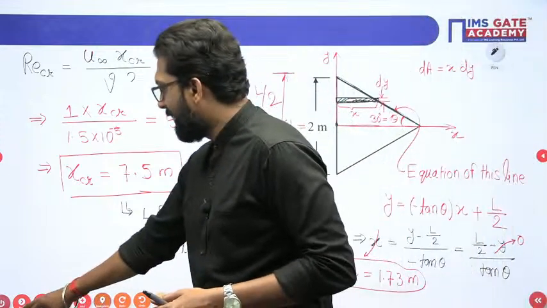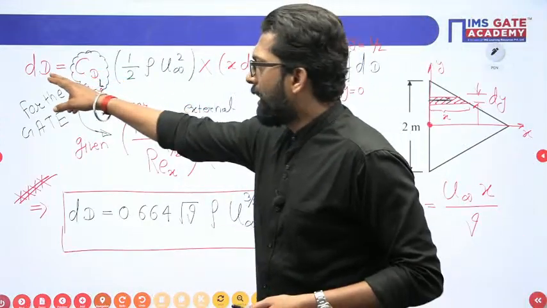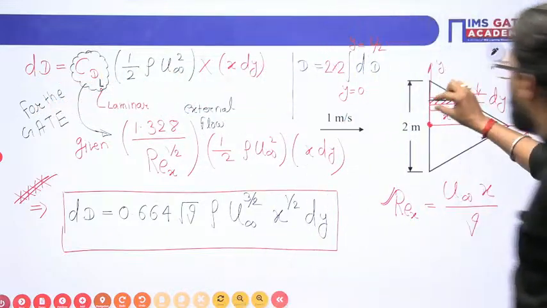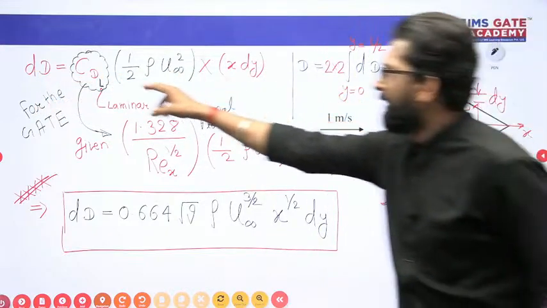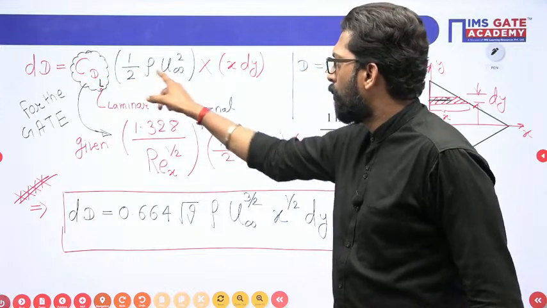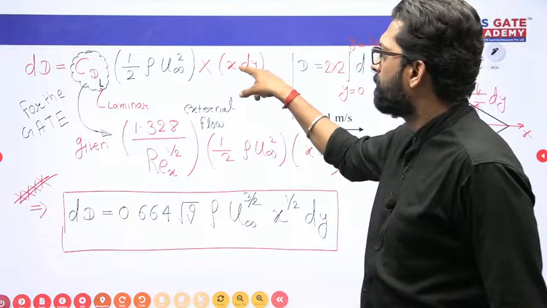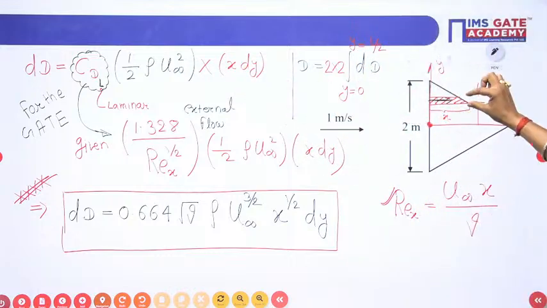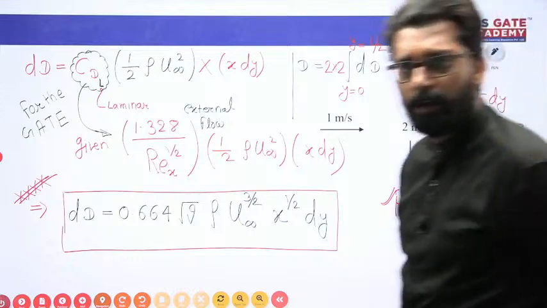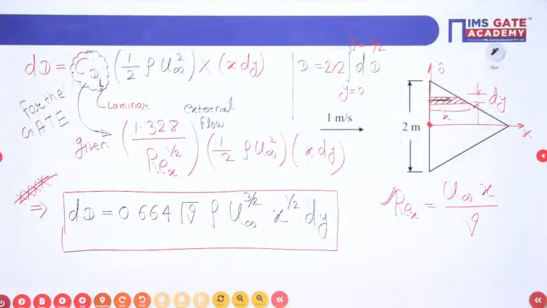Once you know it is laminar, this drag is for a small element, so you have the laminar drag coefficient CD, 1 by 2 rho U infinity squared into area. What is the area? x into dx. You may also integrate vertically, no problem.